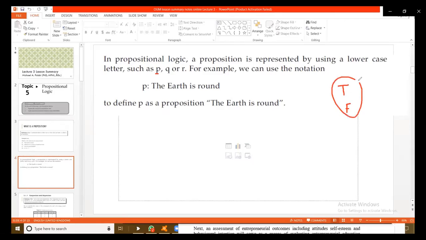They are not statements. We'll come to that in the next slide, where I'll explain better.